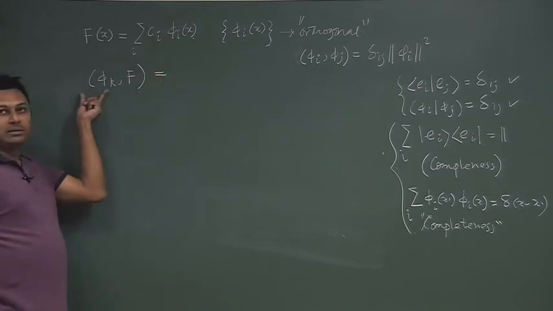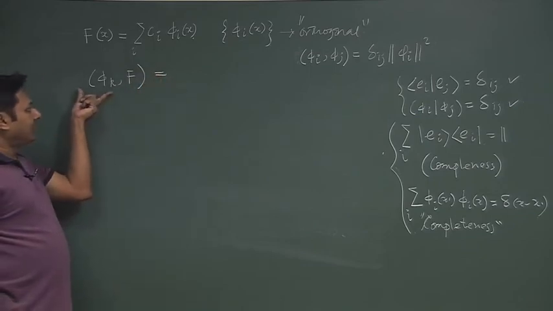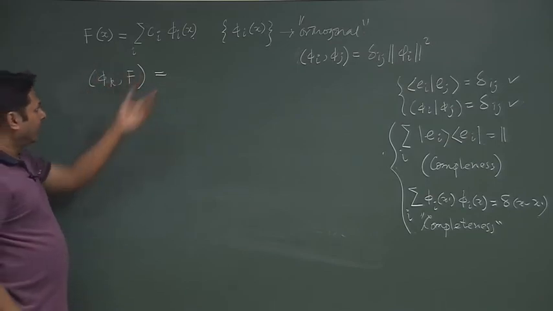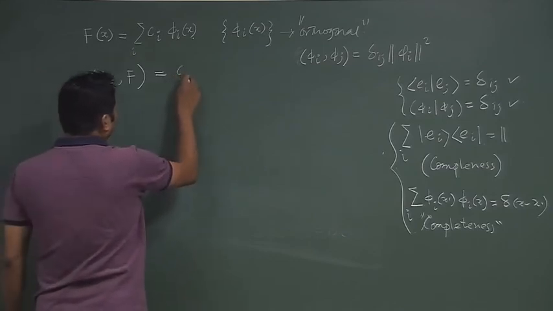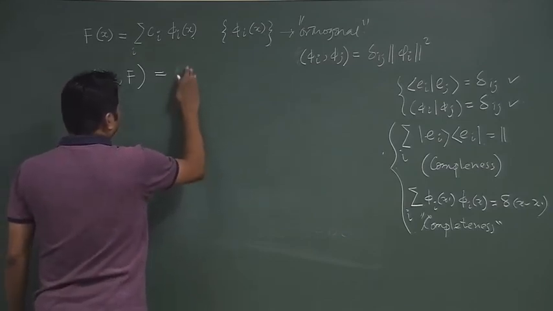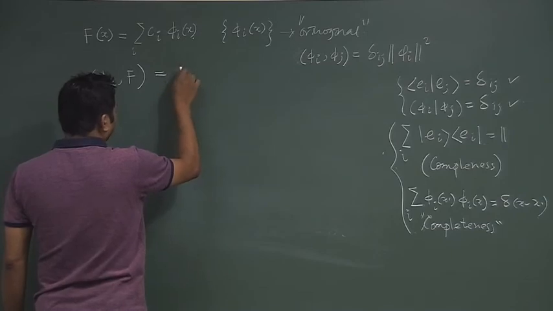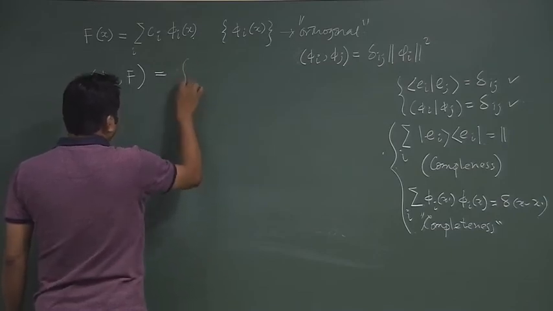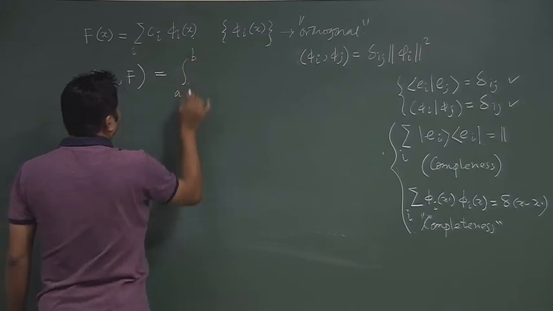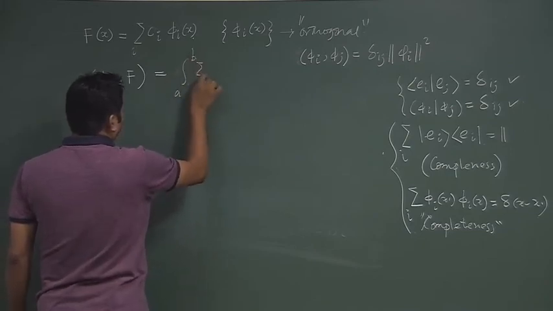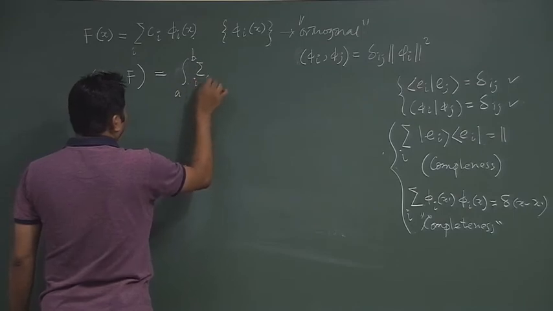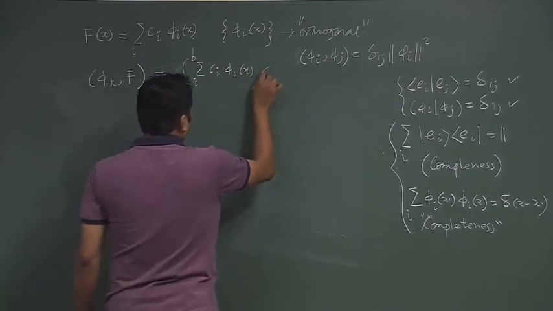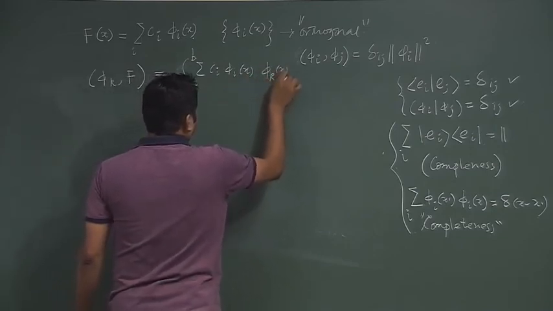I use phi k, another kth function, I impose this phi k over f to make an inner product, and in the right hand side what you will expect is the inner product from a to b of the summation over i of Ci phi i x multiplied by phi k x dx.